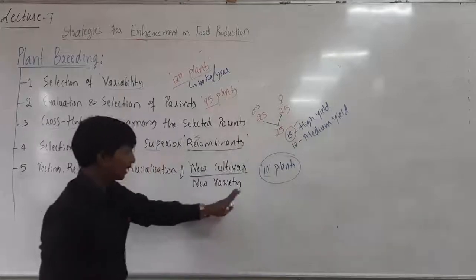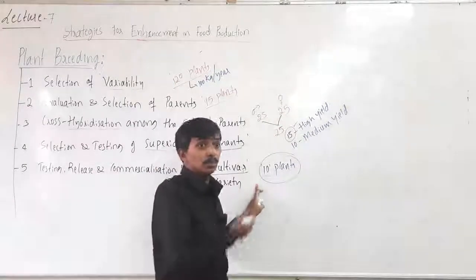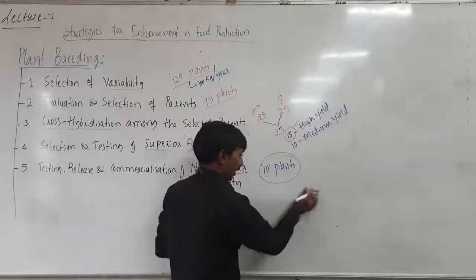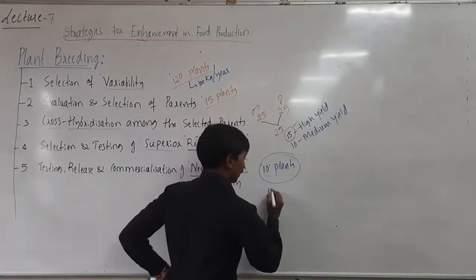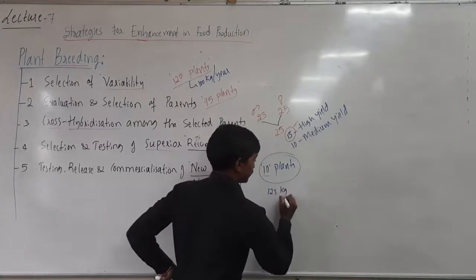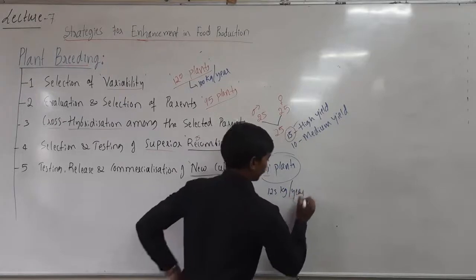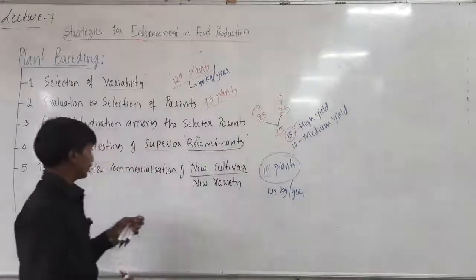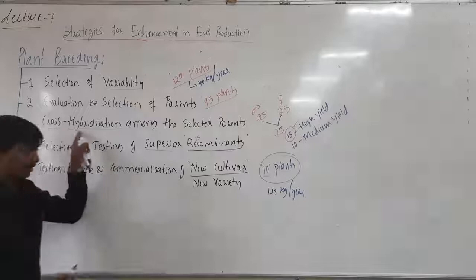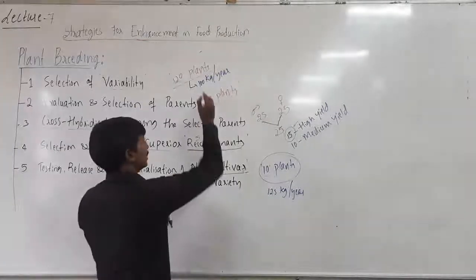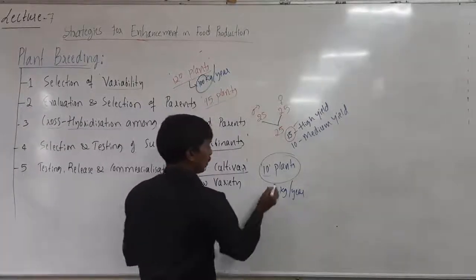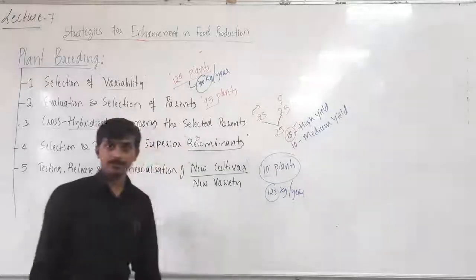Here they found that the newly developed plants were giving about 125 kg of yield per year. Means by the process of artificial hybridization, the yield is increased from 100 to 125 kg per year.